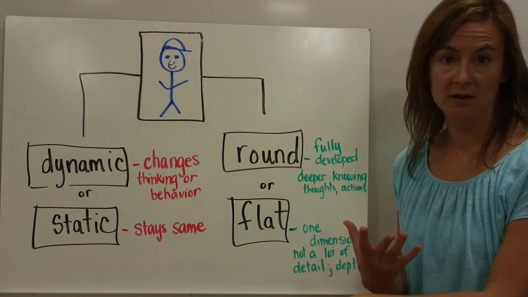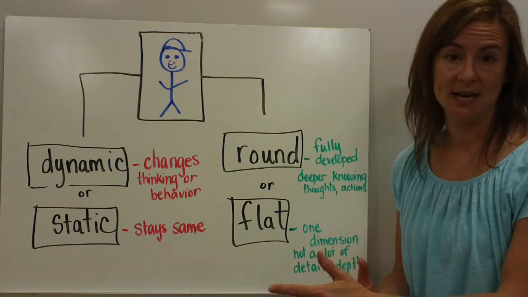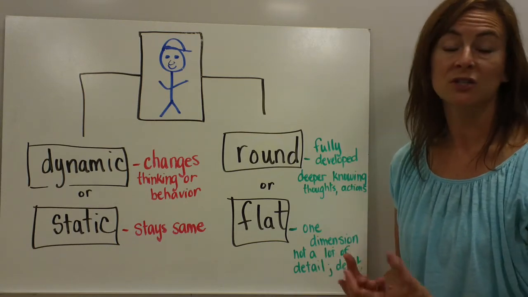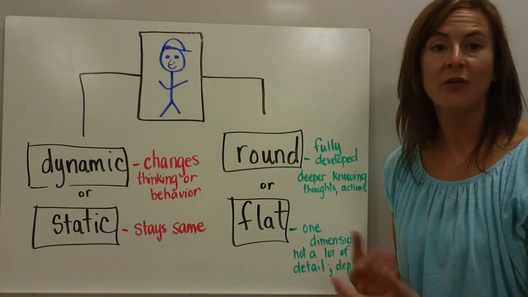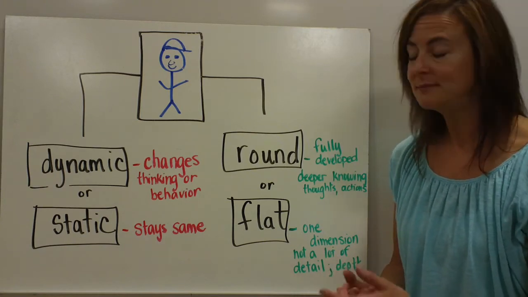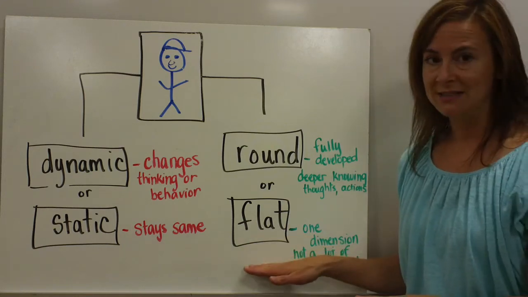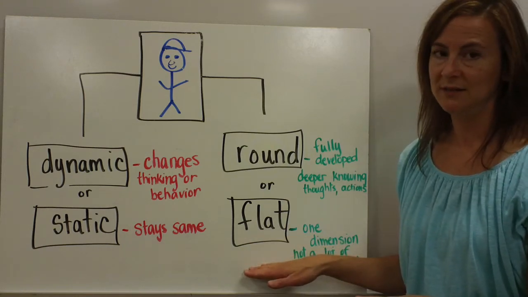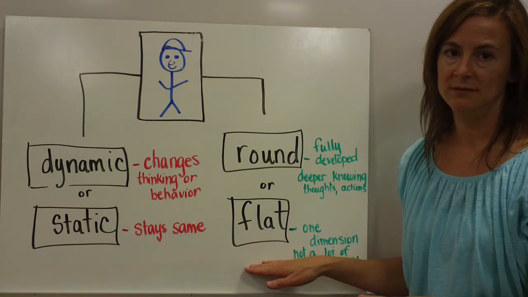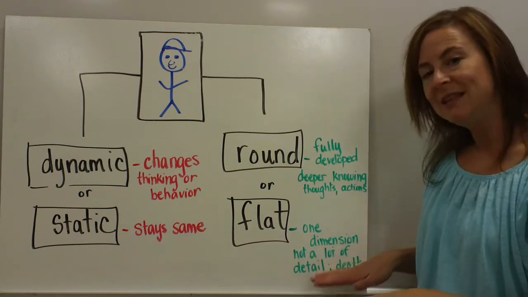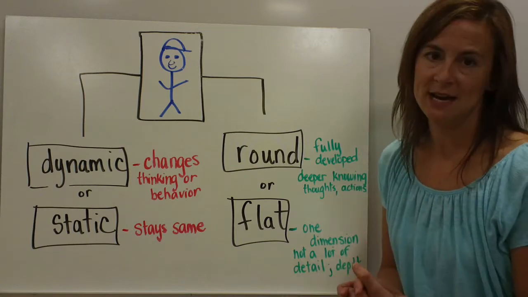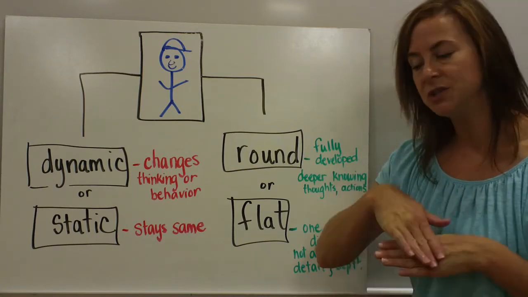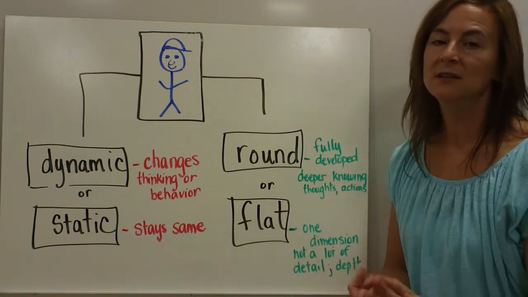We, as a reader, have a deeper knowing and understanding about what the character looks like, what the character thinks or feels, and how the character will act. On the other hand, a flat character is one-dimensional. There's not a lot of detail. We don't have a full, deep understanding of this character. There's just sort of one dimension to the character.